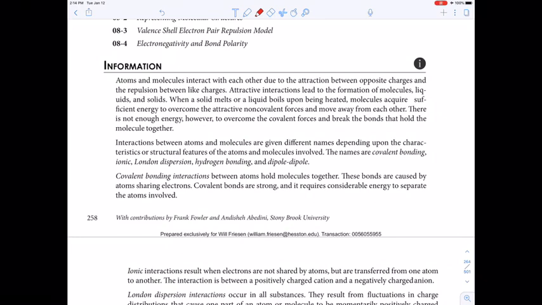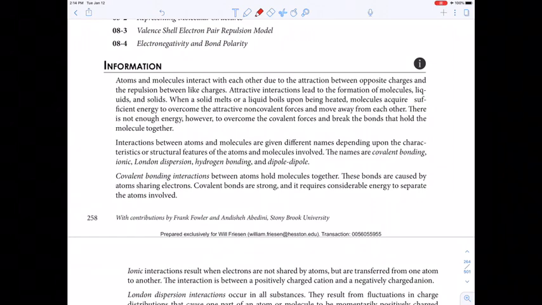When a solid melts or a liquid boils upon being heated, the molecules acquire sufficient energy to overcome the attractive non-covalent forces, the stickiness of the molecules basically, and move away from one another. There is not enough energy, however, to overcome the covalent forces and break the bonds that hold the molecule together.